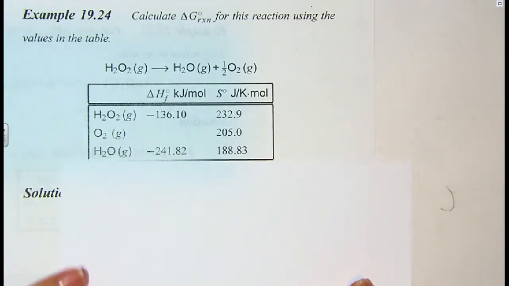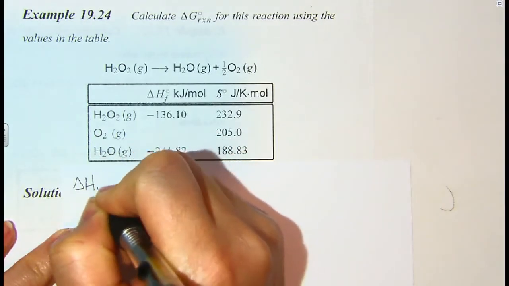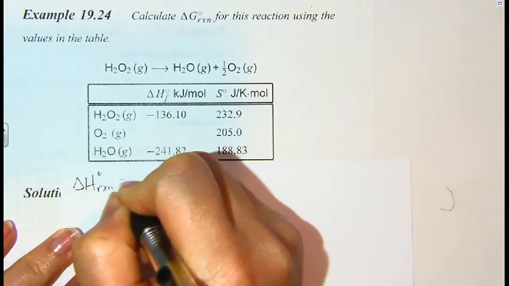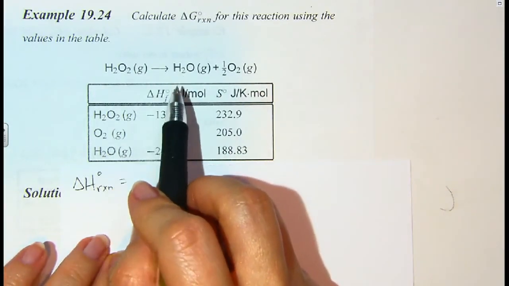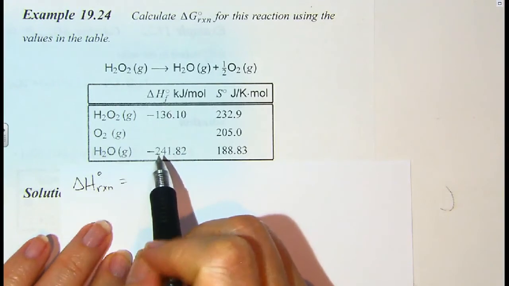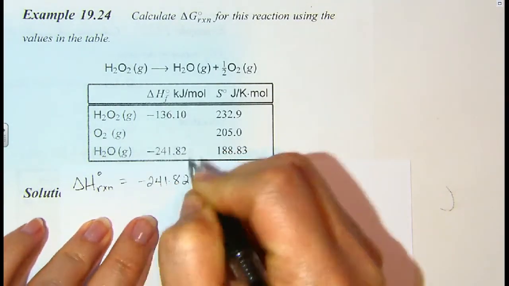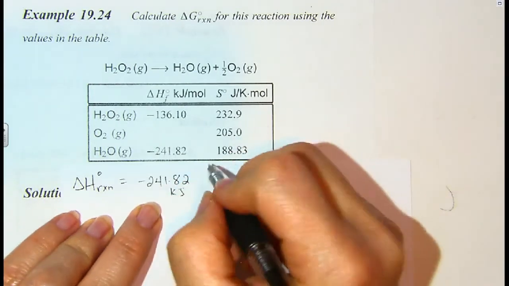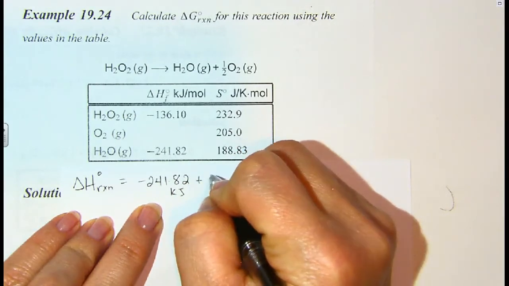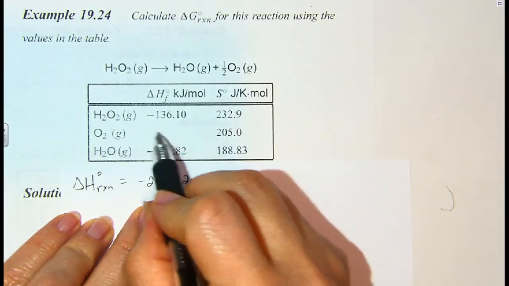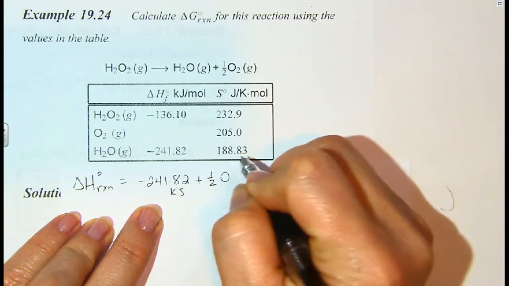So what we're going to have to do is first determine the delta H of the reaction. And we're going to take the products, so water has a delta H of negative 241.82, remember that's kilojoules, and we're going to add it to 1/2 times the delta H of oxygen, which we're not given a value for, so you assume it is 0.